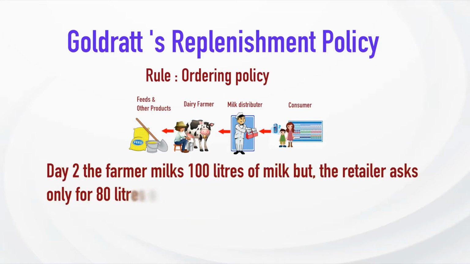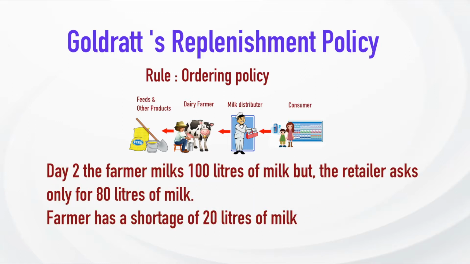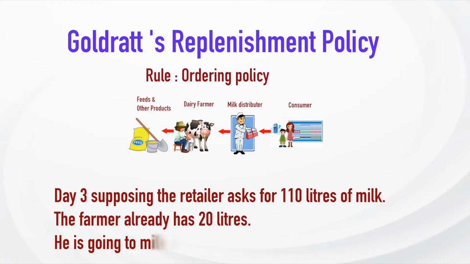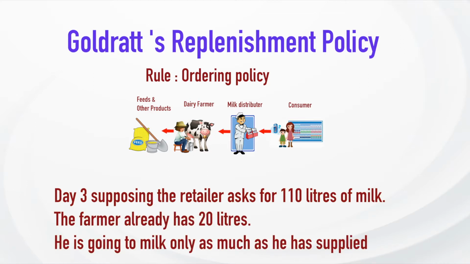On day 2, the farmer milks 100 liters of milk, but the retailer asks only for 80 liters of milk. What happens? The farmer has a stock of 20 liters of milk. So on day 3, supposing the retailer asks for 110 liters of milk, the farmer already has how many? 20 liters.